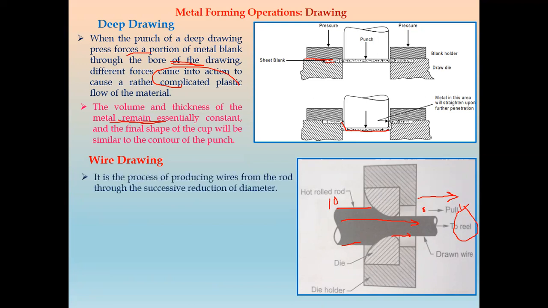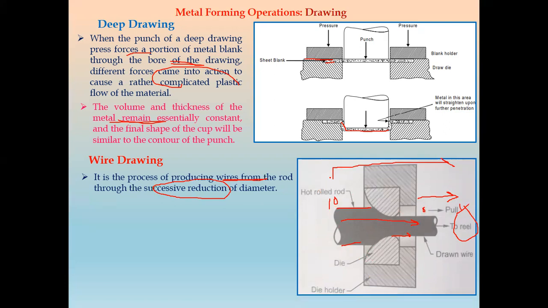Wire drawing is the process of producing wires from a rod through successive reduction in diameter. There are successive dies, and we reduce the wire diameter successively. First, a rod of say 20 diameter will be converted into 15, then 10, then 8, 5, 4, 3, 2, and down to 1.